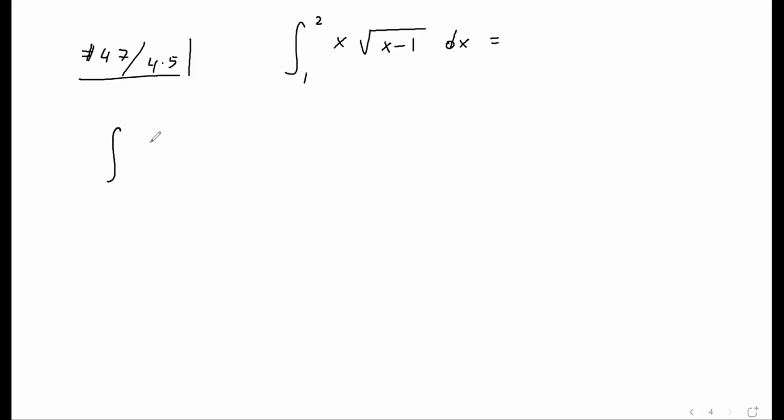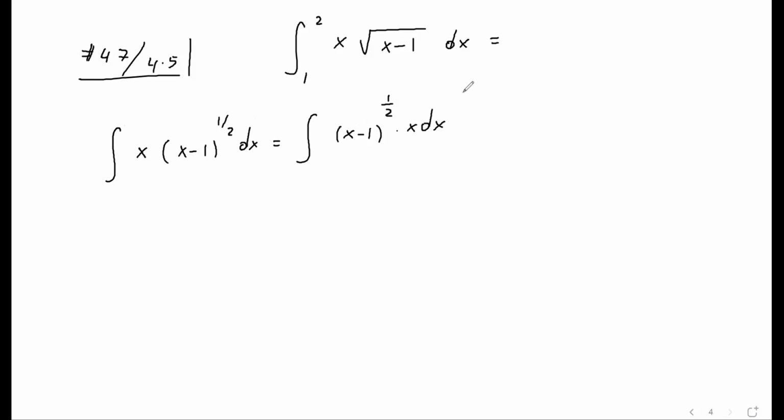So I'm going to write the integral here without bounds again. I'm going to write x times x minus 1 to the 1/2 dx, or the other way around, x minus 1 to the 1/2 times x dx.